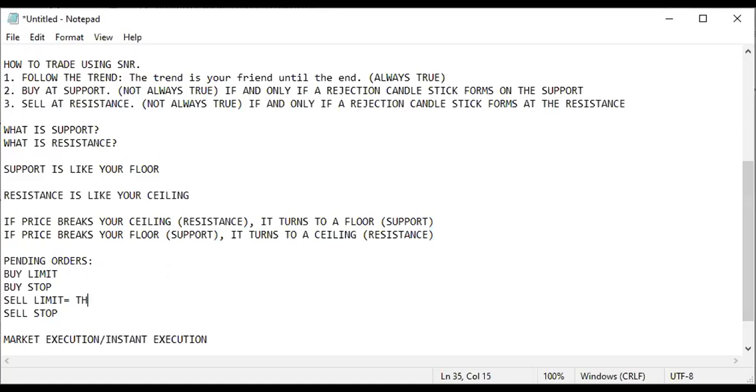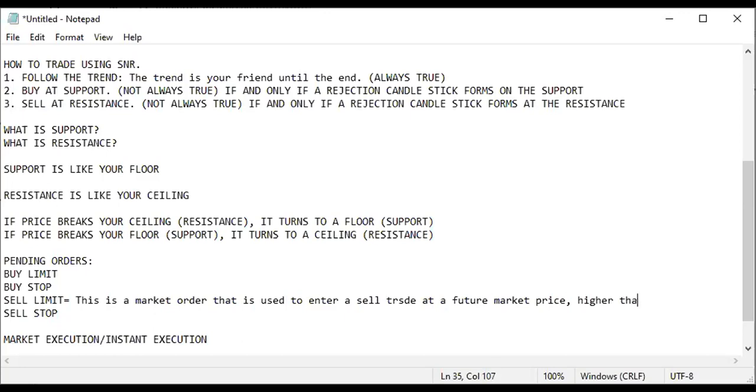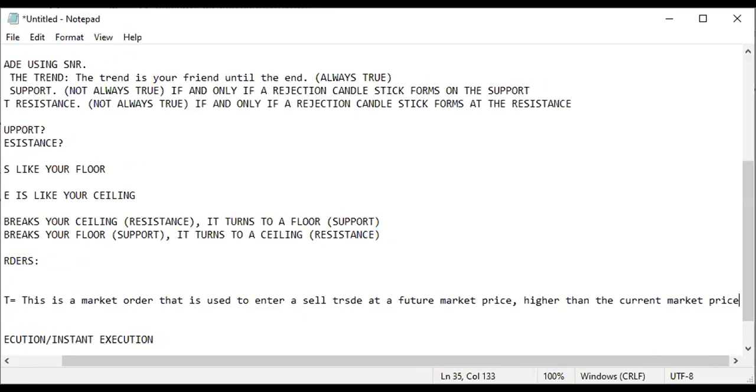This is a market order that is used to enter a sell trade at a future market price higher than the current market price.